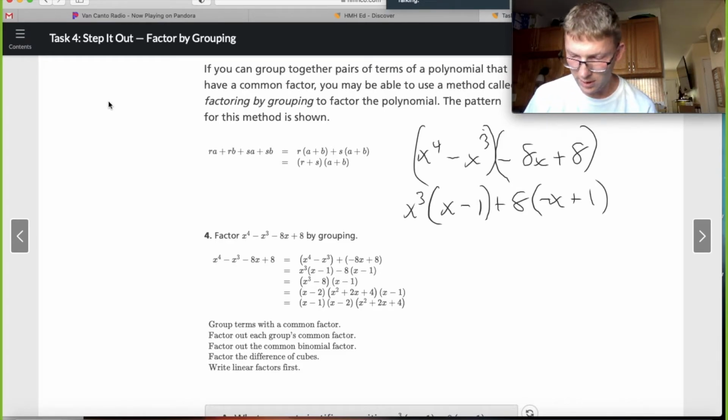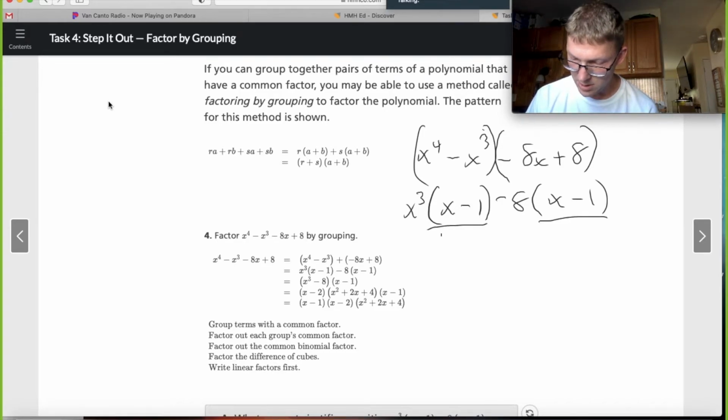Man, we're really close, except our negative signs are off. So we can probably pull, instead of a positive 8, let's pull a negative 8, and then all of our negative signs will switch. So we pull a negative 8, so now we've got a positive x minus 1.